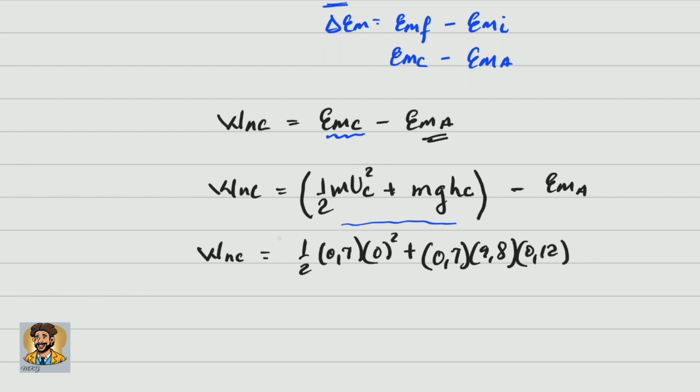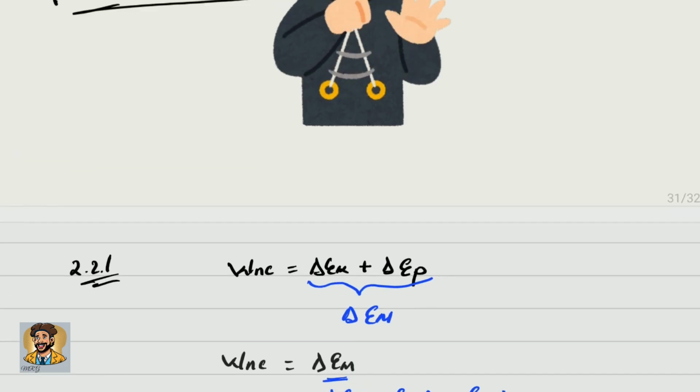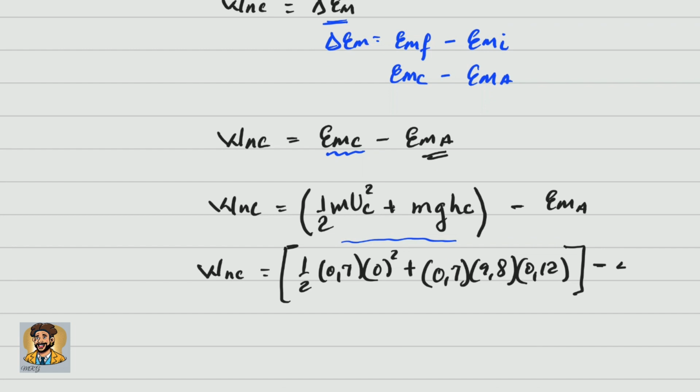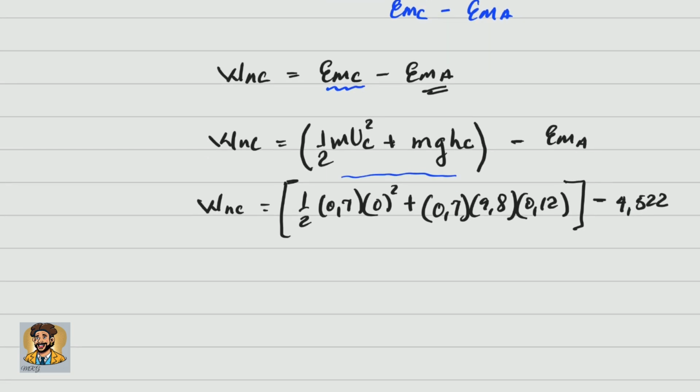All right, all of this minus what we got for the mechanical energy at A, which was 4.522, minus 4.522. And this is what you are going to get for the work done by the non-conservative forces.